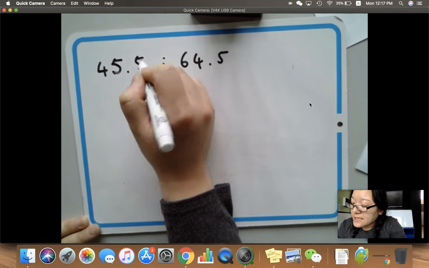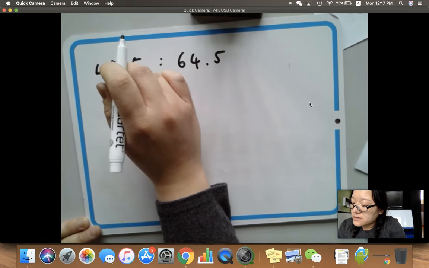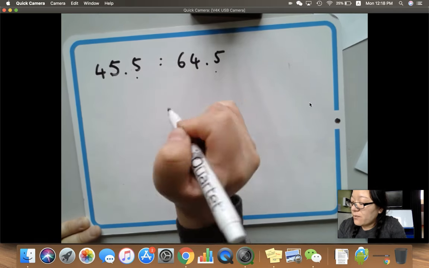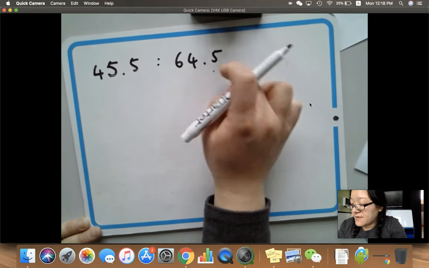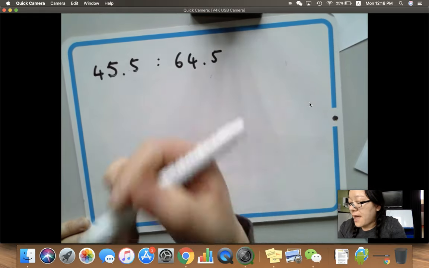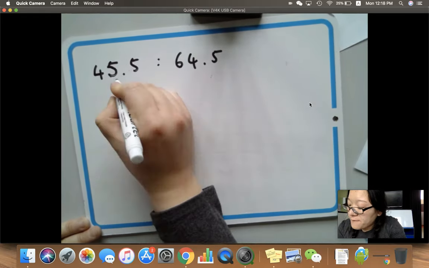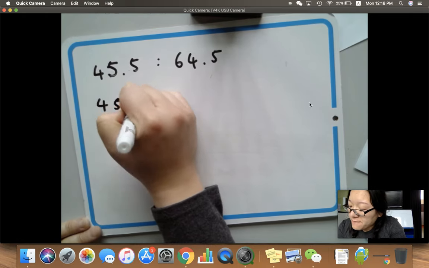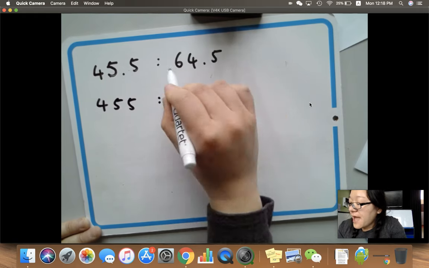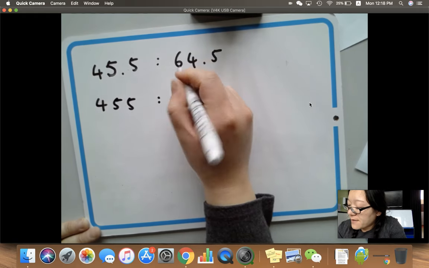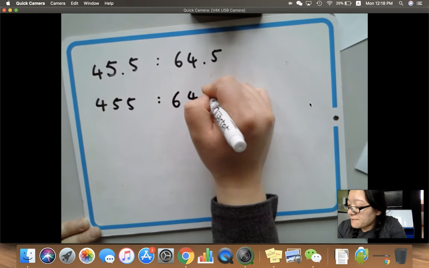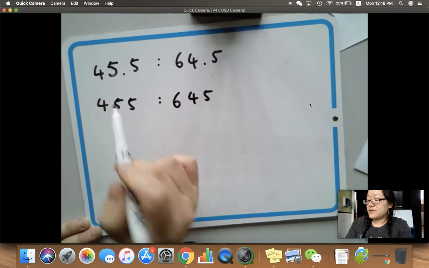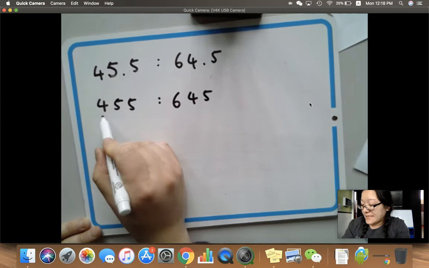As you can see, the smallest column you have here is the tenths, which means that to get rid of that, all we have to do is multiply by 10. So 45.5 times 10 is 455, and 64.5 times 10 is 645. So these two are basically the same ratio.